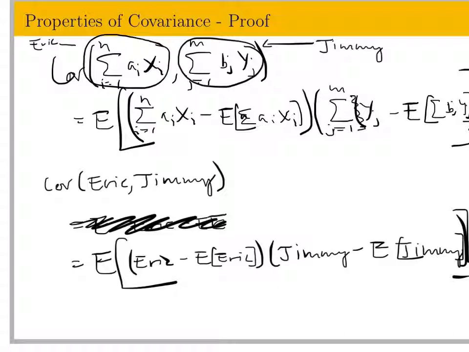Well, if we follow through with the math, we begin by saying, by the properties of expectation, that I can take the expectation through, so that the expectation of the sum is just the sum of a_i times these expectations. And this expectation likewise goes through, so we have something that looks like this.